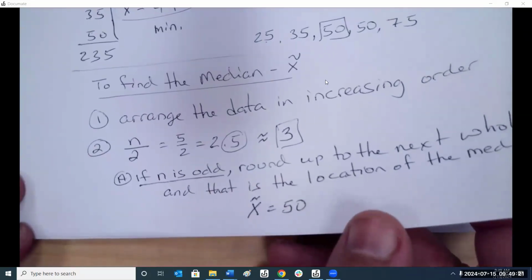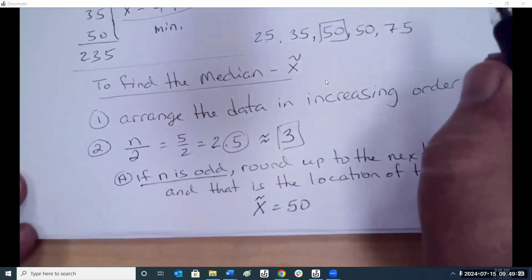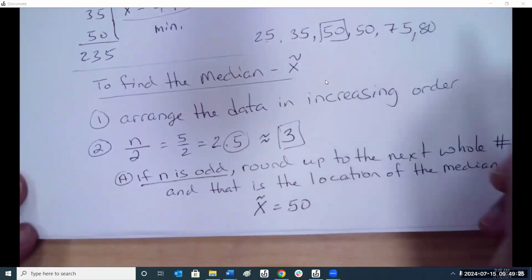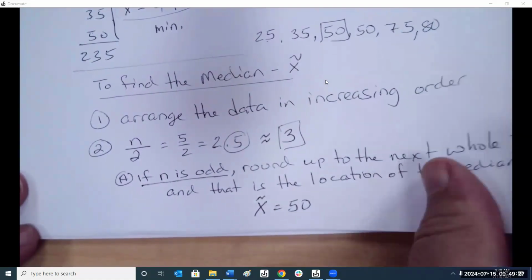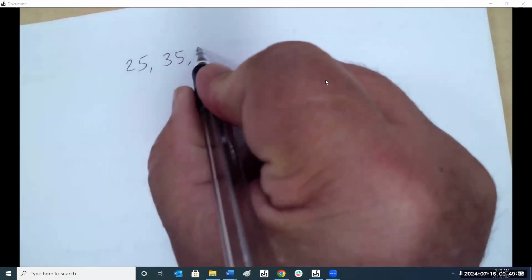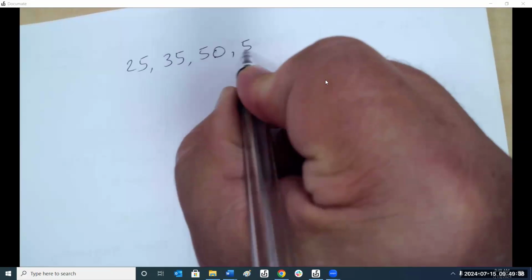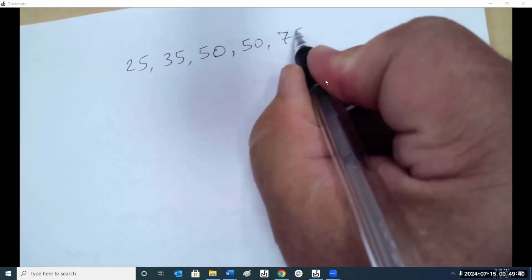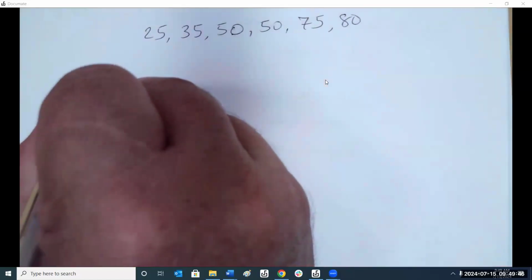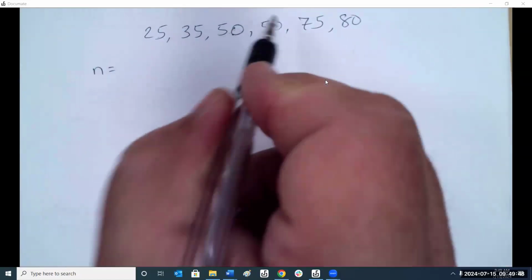Let's look at if it's even. Let me add another number here. Let's add 80 in there. So we got 25, 35, 50, 50, 75, and 80. Now our n, 1, 2, 3, is 6.